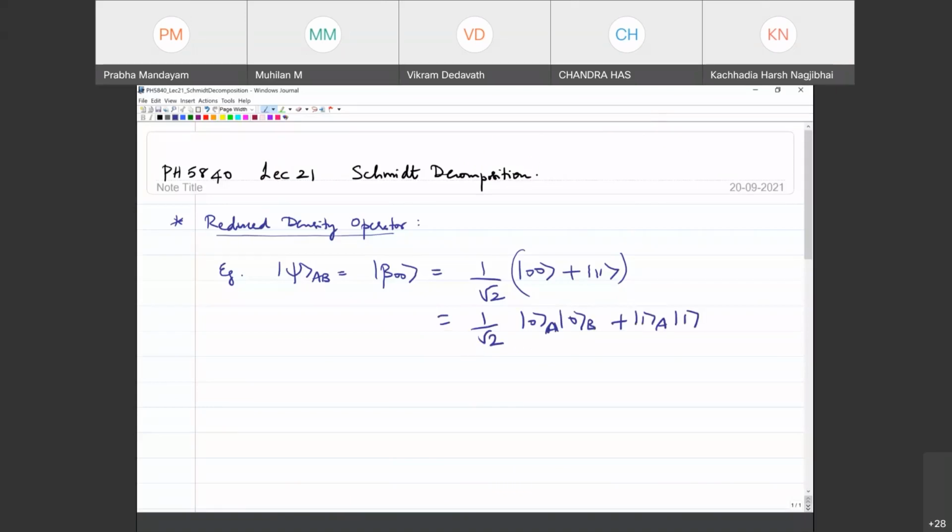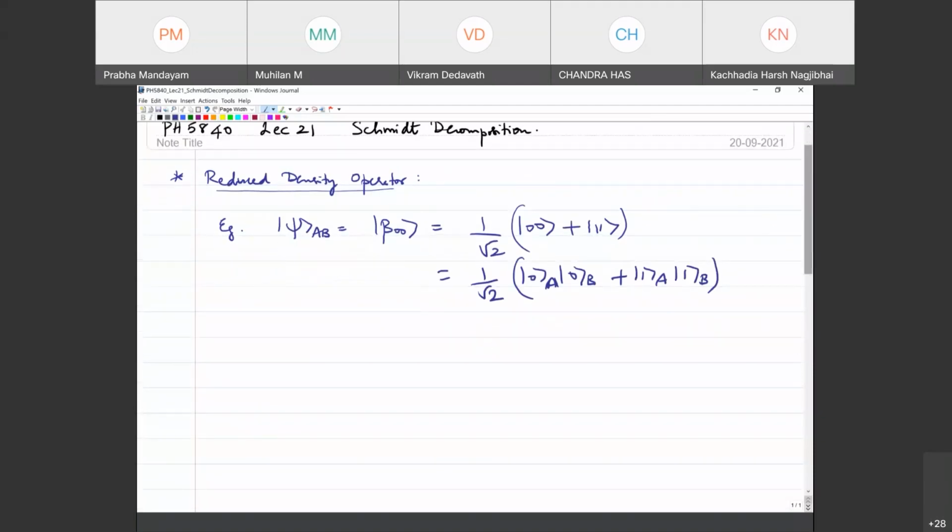The way to think about the local states is to do a partial trace operation. Partial trace basically gives you the local states, which could in general be density matrices. They need not be pure states. And this density matrix is obtained as trace over B of the joint state rho AB.